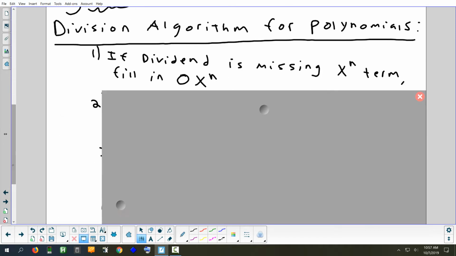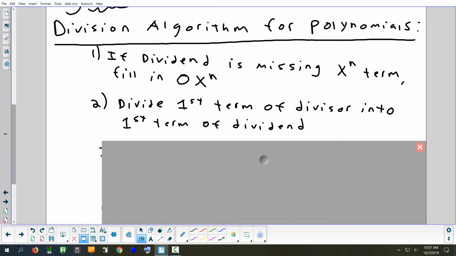All right, so step 2. Divide the first term of the divisor into the first term of the dividend. So basically take the first term on the outside and divide it into the first term on the inside.